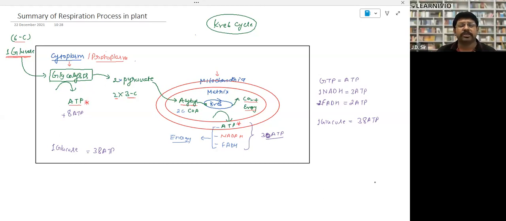That glucose is absorbed by our intestine and directly mixed into our blood. Blood circulation distributes this glucose to every nook and corner of our body, and that glucose enters our cell, into the cytoplasm or protoplasm.